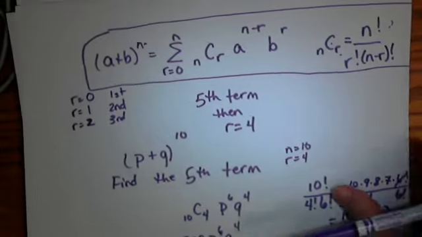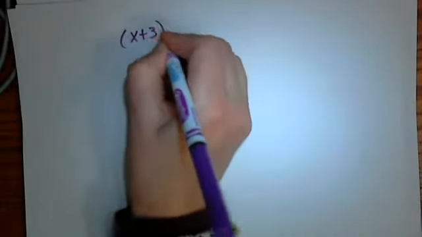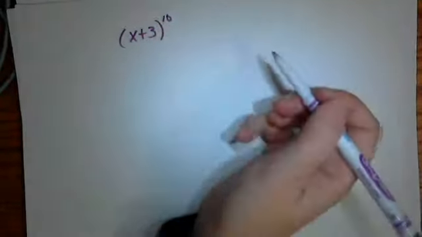All right, so that was a little bit crazy. Let's try another example. Let's see if we can find something a little bit more complicated. I'll do another example from your book. I'm actually going to do letter D from your lesson practice, where it says find the fourth term of the expansion, x plus 3 to the 10th. And we want to find the fourth term.